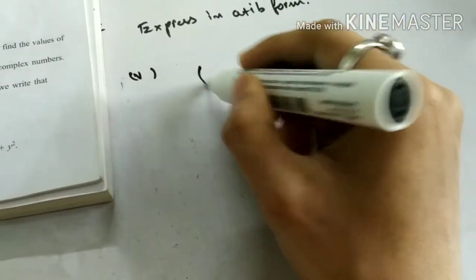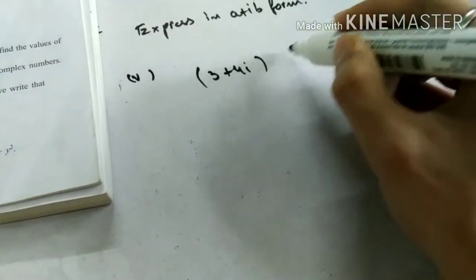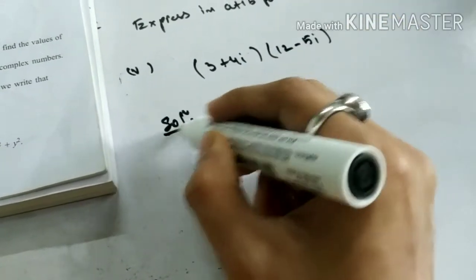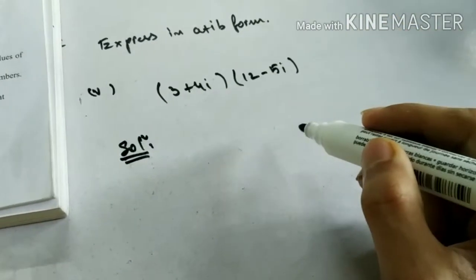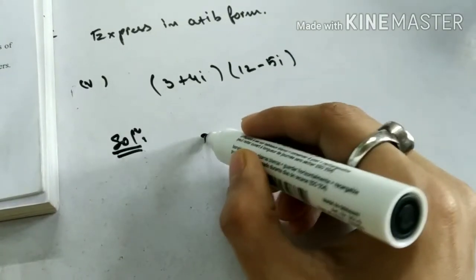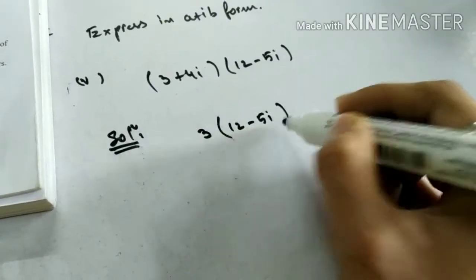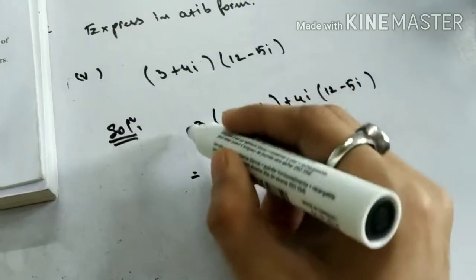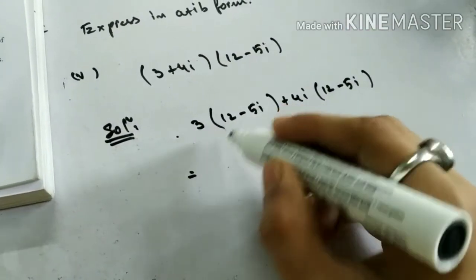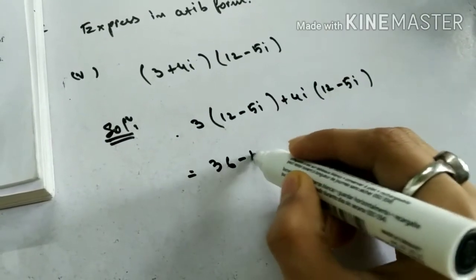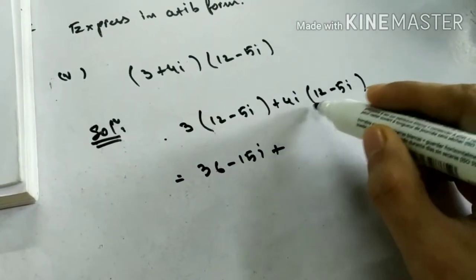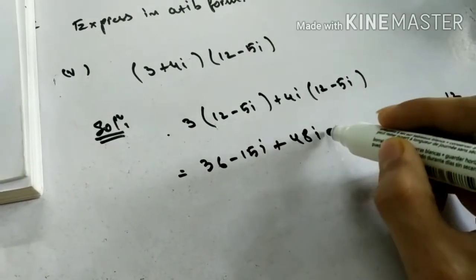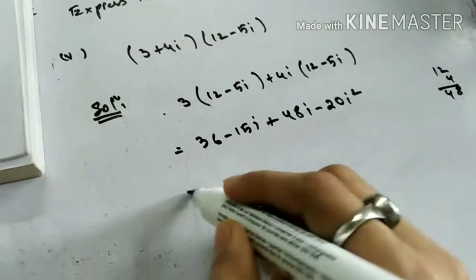Number 5, 3 plus 4i times 12 minus 5i. So this becomes 3 times 12 minus 5i plus 4i times 12 minus 5i. I multiply it. So this becomes 36 minus 15i plus 12 into 4 is 48i minus 20i square.